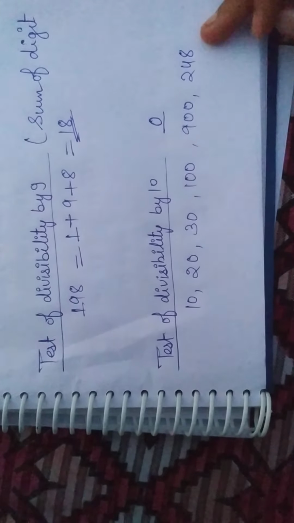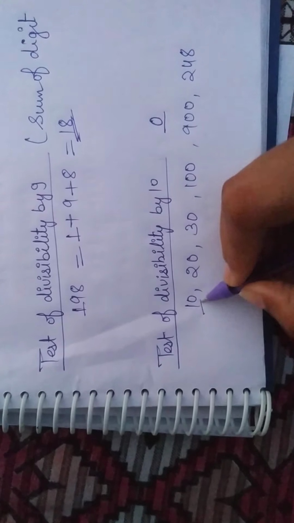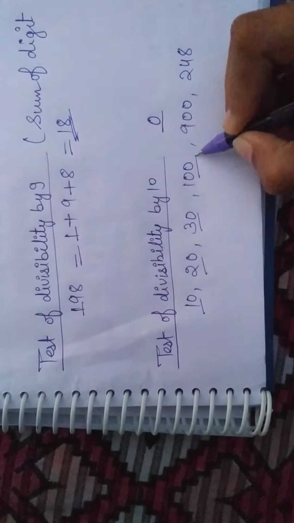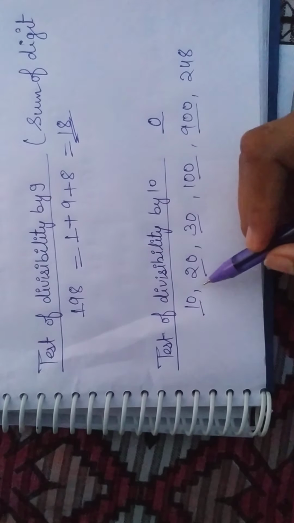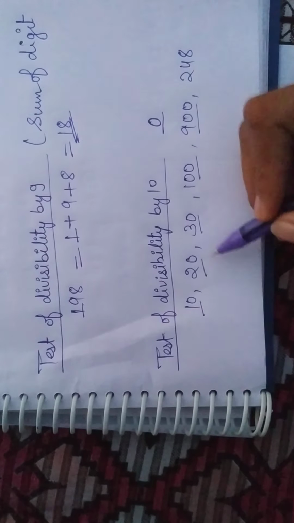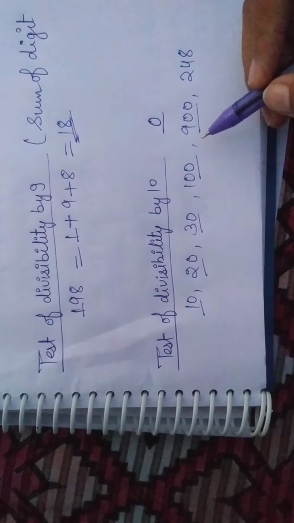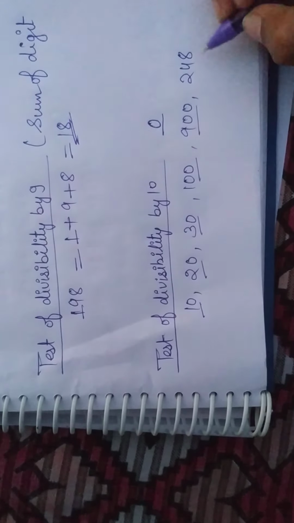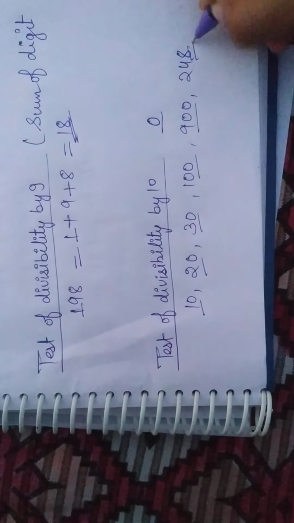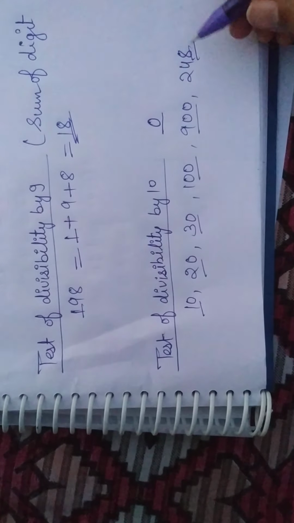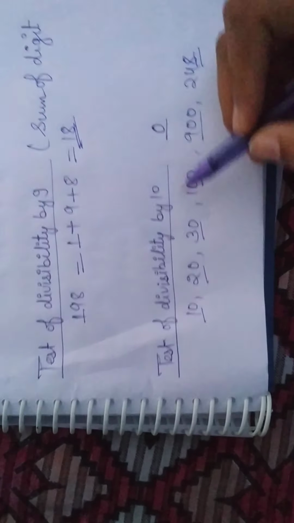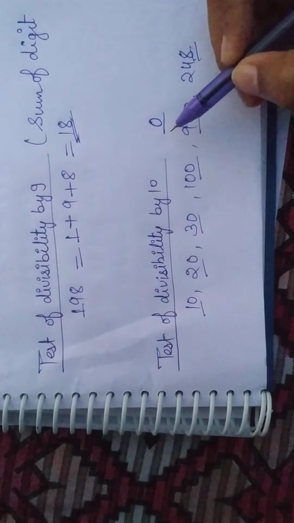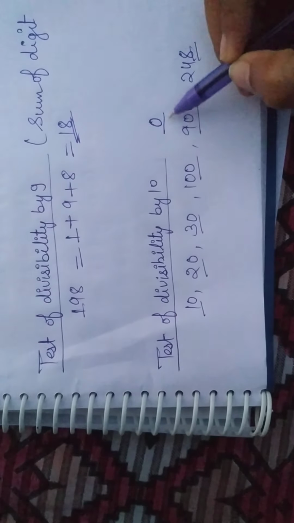So in all these numbers we can divide by 10, 20, 30, 100, 900, but we cannot divide 248 because in all the others at unit place you can see 0 is there, but in 248 at unit place 8 is there. So 8 cannot be divided by 10. So we can say for checking the divisibility test of 10, we are simply checking the unit place of the number.